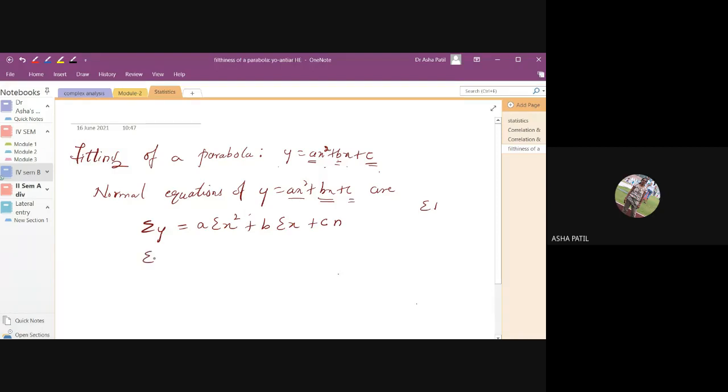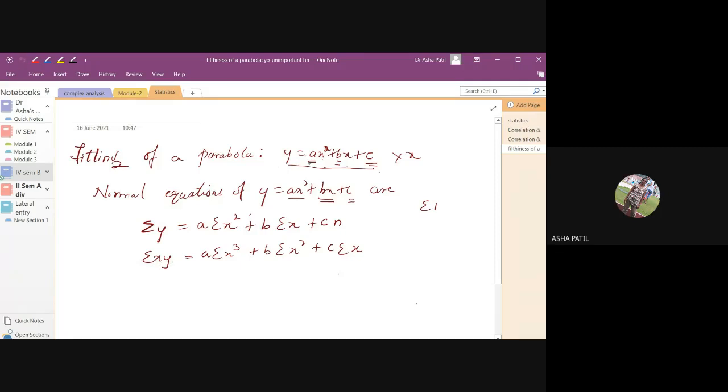To get the second normal equation, we multiply this equation by x and take the summation. So we get summation xy is equal to a into summation x cube, because you are multiplying by x, plus b into summation x square plus c into summation x. Okay, so this is your second normal equation.